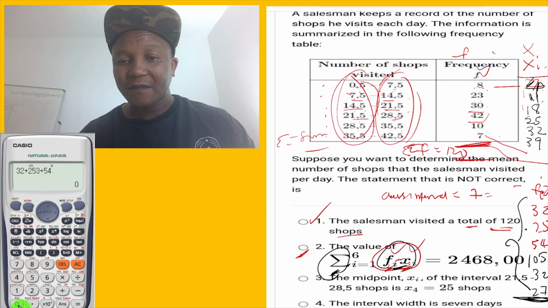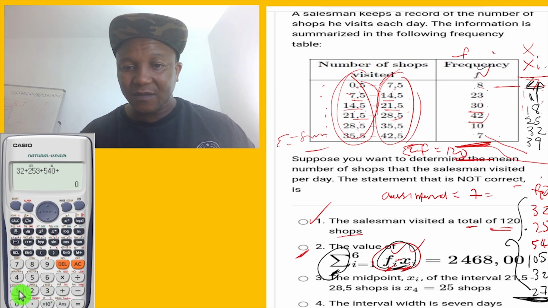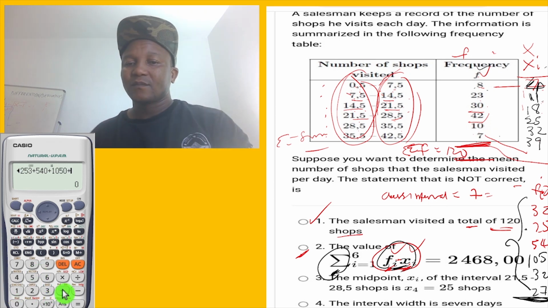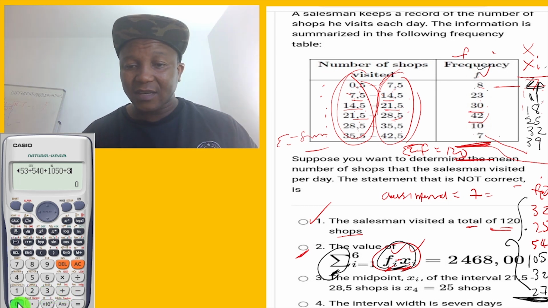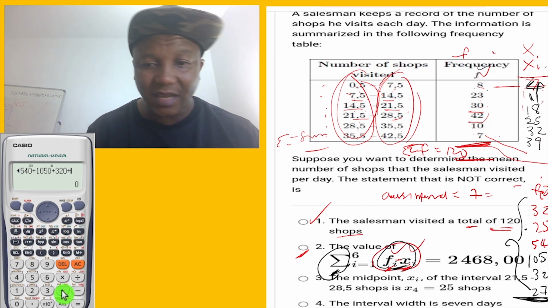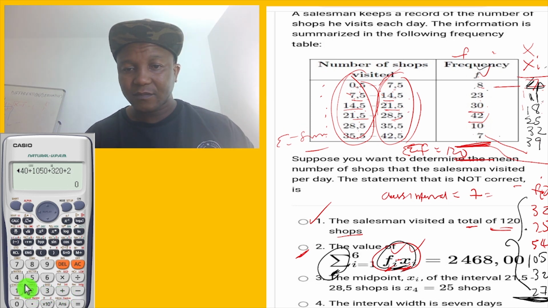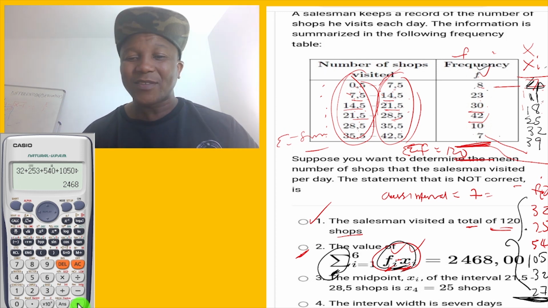And then we plus 1050. Okay, 320 plus 273. Oh, let's get it. Oh, it's true. Yes. So that's true.